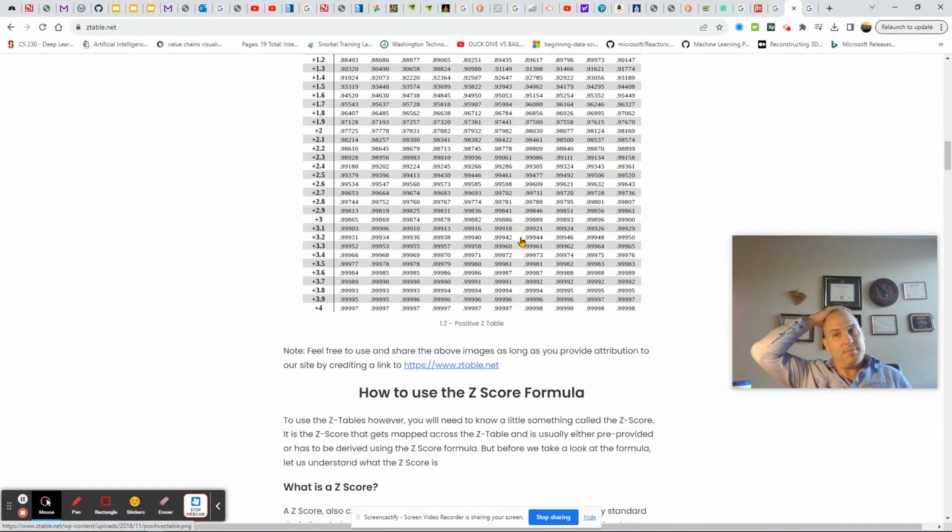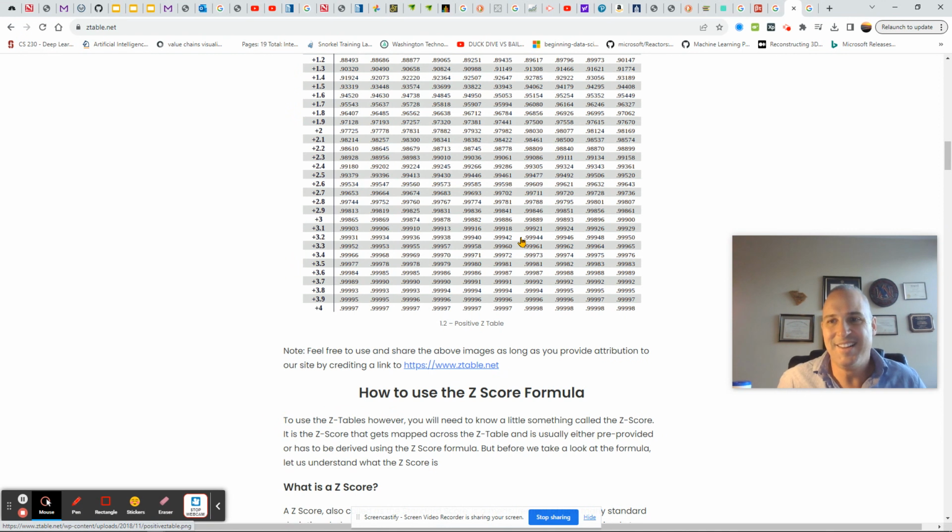And I remember tables being a little bit confusing when I first looked at them. To be frank, once you get calculus under your belt, if you go on with statistics, you will never, ever use one of these tables. The only reason you have to use them is because you don't know how to do calculus.